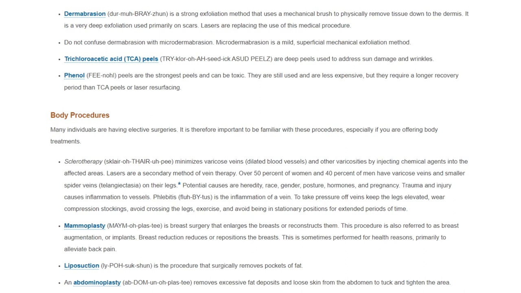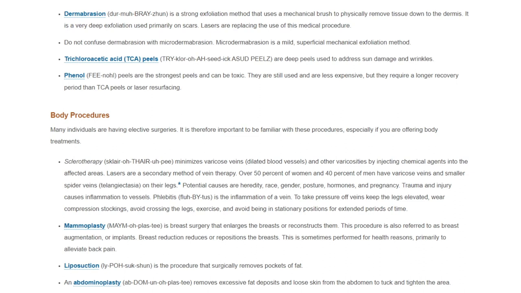Potential causes are heredity, race, gender, posture, hormones, and pregnancy. Trauma and injury cause inflammation to vessels. Phlebitis is the inflammation of a vein. To take pressure off veins, keep the legs elevated, wear compression stockings, avoid crossing the legs, exercise, and avoid being in stationary positions for extended periods of time.